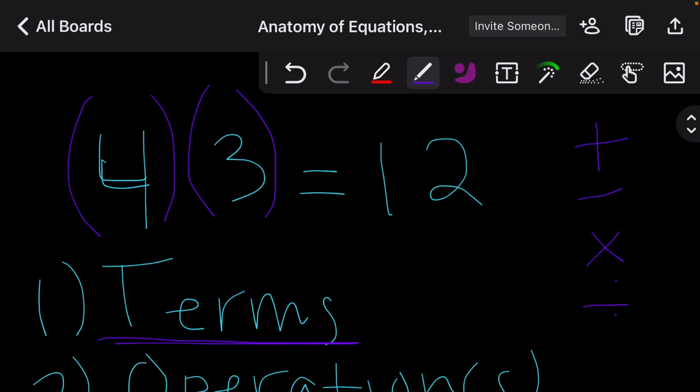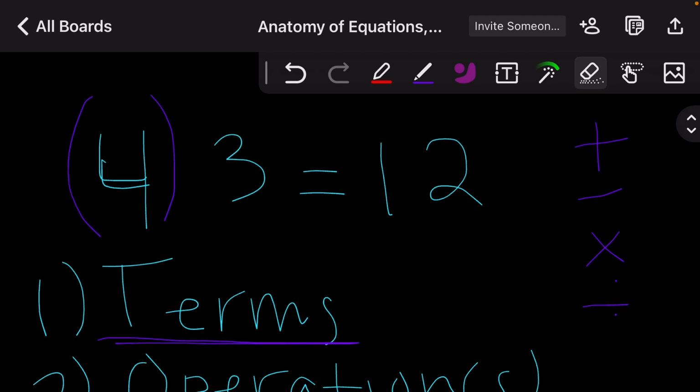This is telling us the same thing as the X multiplication sign. This still means 4 times 3 equals 12, which it does, but it's just written in a different way. It's a different way to show multiplication.